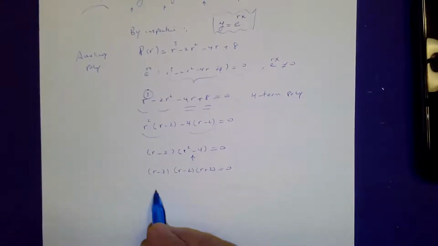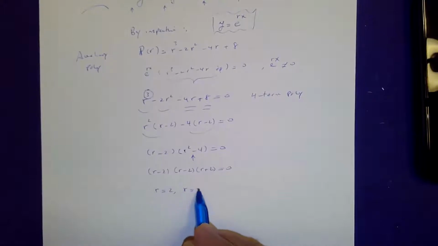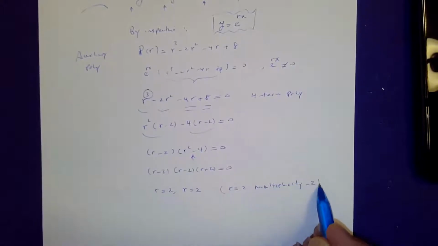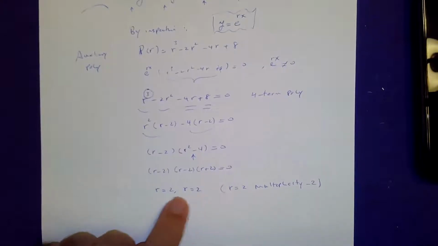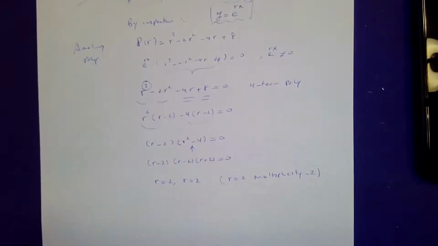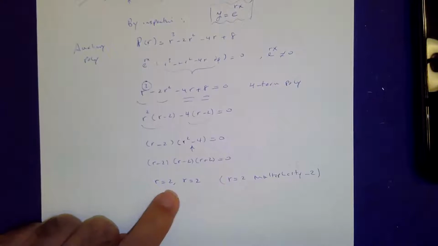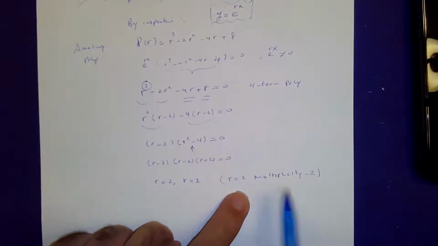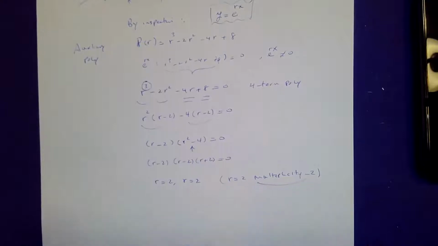So if you set each of these equal to 0, r is equal to 2 with multiplicity 2. Multiplicity means multiple copies of the same answer. Either you write r equals 2 twice, or write it once but say multiplicity 2.